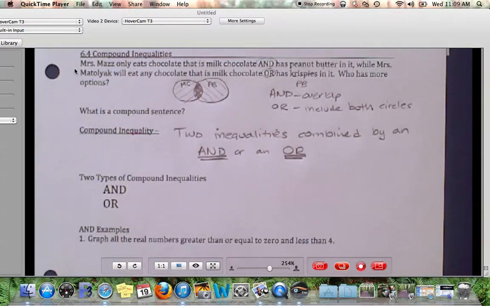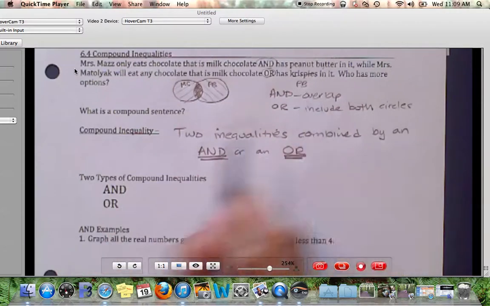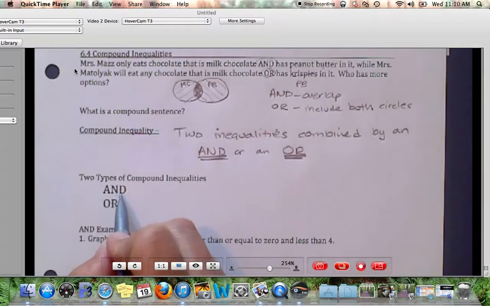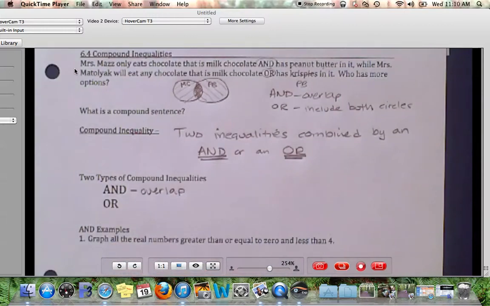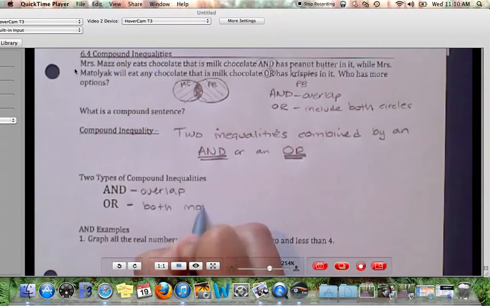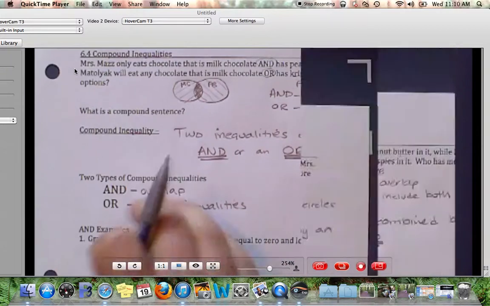The two types are, of course, the "and" and the "or," the picky and the non-picky. When you do a compound inequality that's an "and," you need to find where the two inequalities overlap. So when you think of the conjunction "and," you think of the keyword overlap. If you have the conjunction "or" in the inequality, then you will bring both inequalities down. That might seem confusing right now, but we'll get back to that.